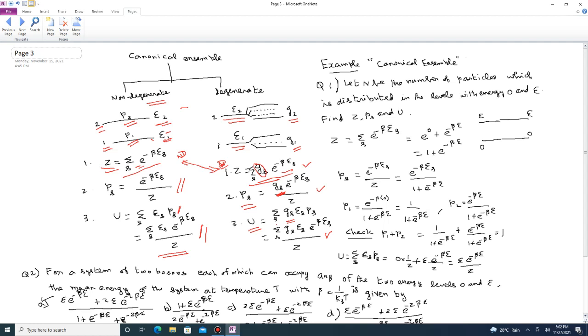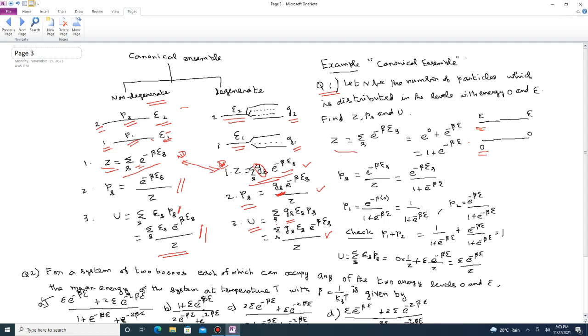Now let us consider problem 1. Let N be the number of particles distributed in levels with energies 0 and E. Find Z, P_s and U. Here one energy level has energy 0 and the other level has energy E. Now let us find the partition function.